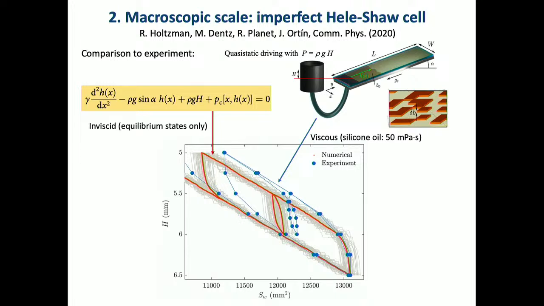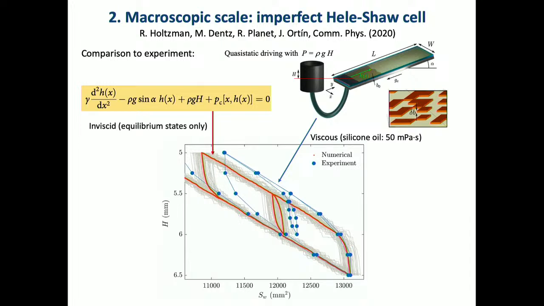First, return point memory is not perfectly obeyed. This is very clear. It is perfectly obeyed in the simulations, not in the experiments. There is a bit of crossing here. Second, the cycle is a bit tilted up, especially at these lower values of the saturation, right? We believe that the reason for that discrepancy, which is not too large, is the fact that here we are driving a very viscous oil, 50 megapascals per second.